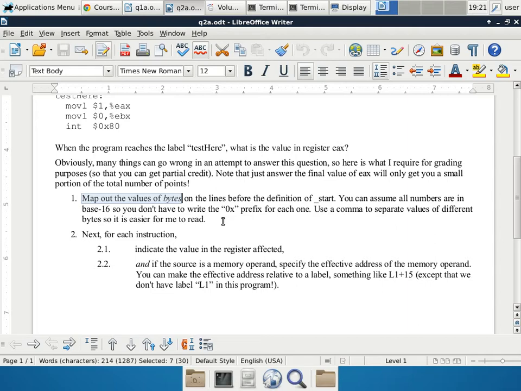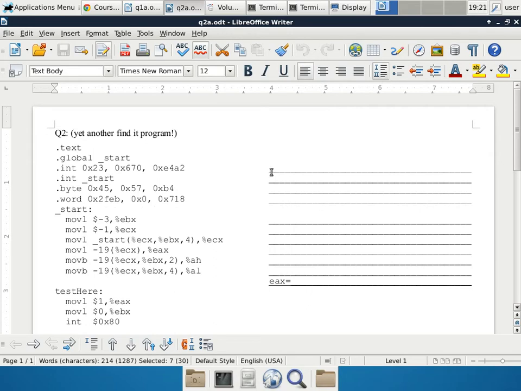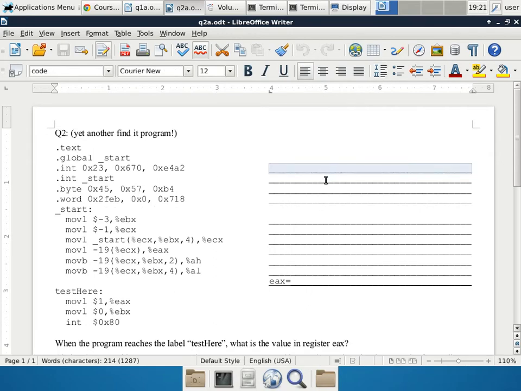All right, so let's do that first. I'll do this line by line. With this line, it'll be 0x23, or just 23, 0, 0, 0, because these 4 bytes together will spell out, well, I just did not follow my own rules, did I? Comma separated, exactly.